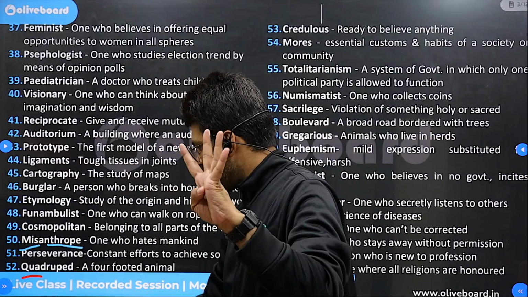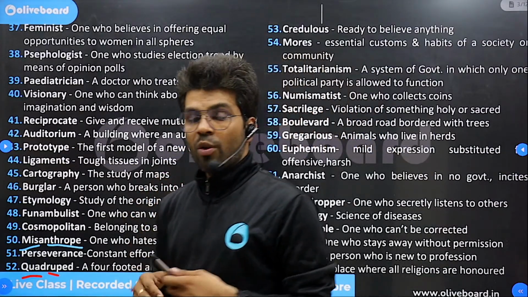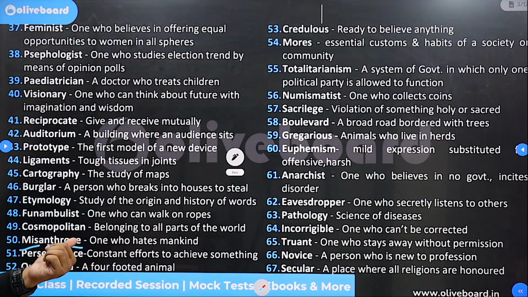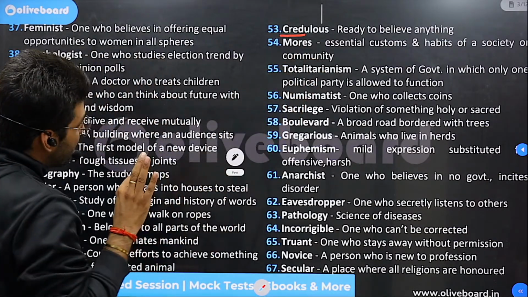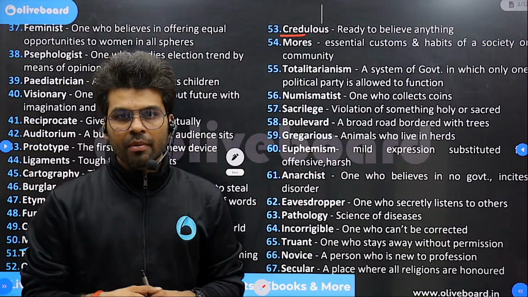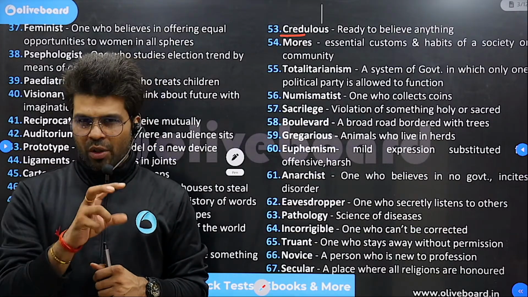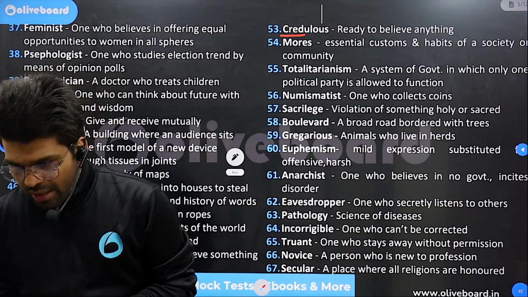Quad is actually four. Animals with four legs, we don't have four legs, are supposed to be quadrupeds, having four legs, four-footed animal. Credulous, from the root word cred, which is belief. So when you log into a website and you enter the password or the email wrong, it says wrong credentials.